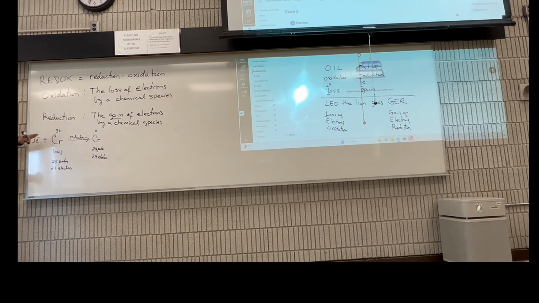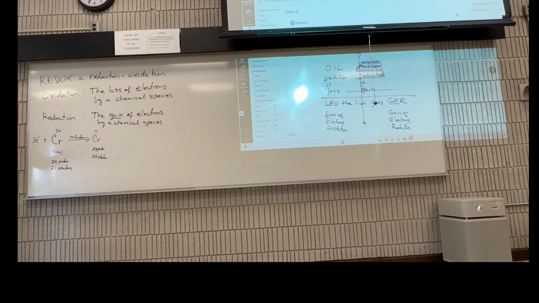Now, we're looking at this individually, one element or atom at a time. In chemistry, this happens at the same time as an oxidation is happening. In other words, when chromium gets reduced, it has to be picking up the electrons from somewhere. It's not picking them from the environment, it's picking them from another element. So typically, when you have a reduction, you have also an oxidation happening at the same time.